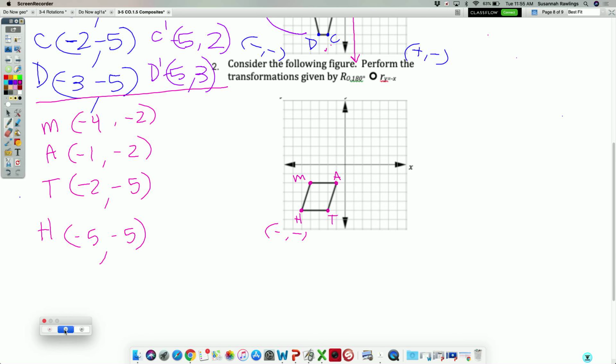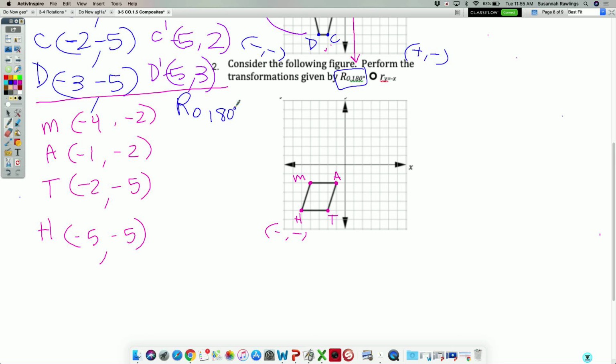Okay, so our first transformation tells me to do what? Our first one tells me to rotate 180. Does it matter clockwise or counterclockwise here? It doesn't matter, so let's go ahead and rotate around the origin 180 degrees.